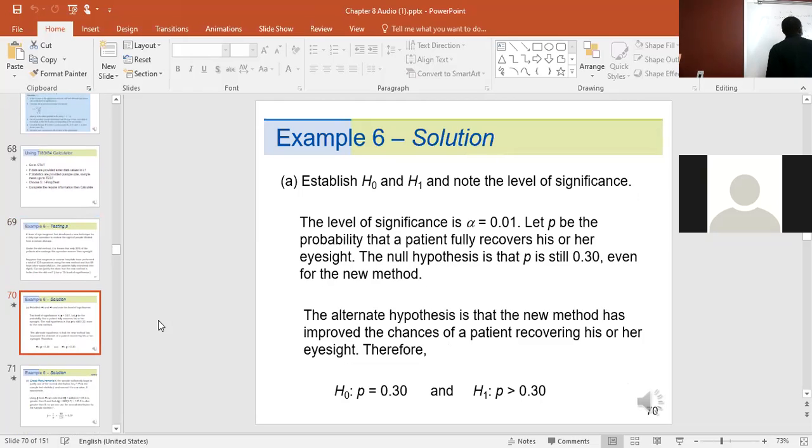The test value will be z equals p hat minus p over the square root of pq over n, which is 0.39 minus 0.3 divided by the square root of 0.3 times 0.7.